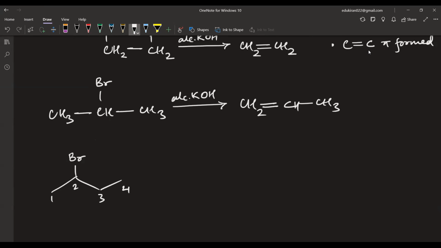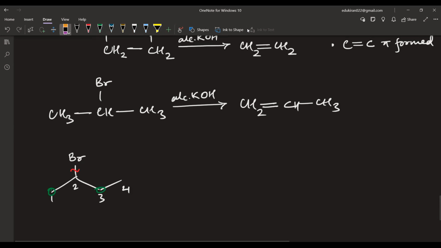Which carbon atom has the halogen atom here? 2. All of you can see 2, right? Okay, fine. That means this bond is obviously going to break. But the other question is, will the pi bond be formed with this carbon atom or this carbon atom? That is the question.